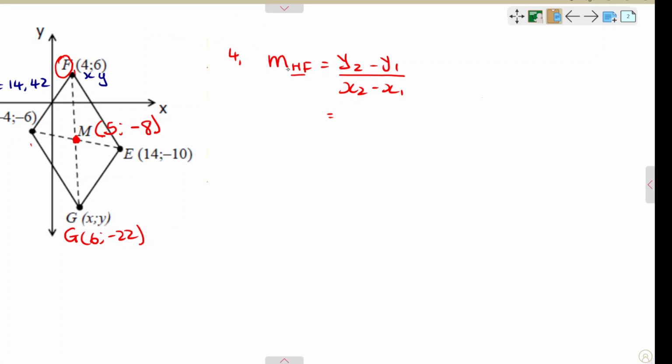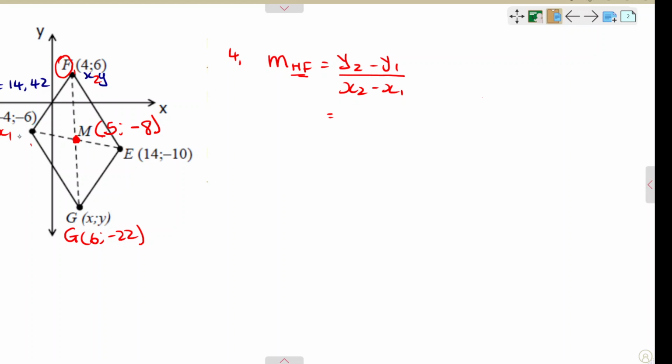So we say the small m for the gradient of the line HF is equal to y2 minus y1 over x2 minus x1. So this y2 will represent the point H. Okay, it doesn't matter the order, so you can start with H or you can start with F. If you start with H, this x will be x1, and the x for F will be x2.